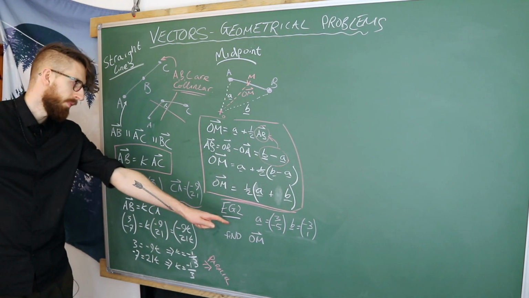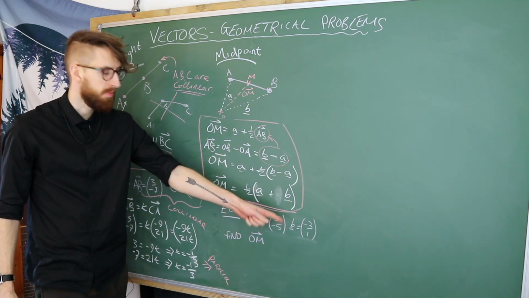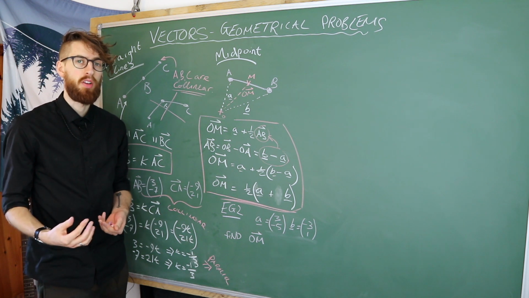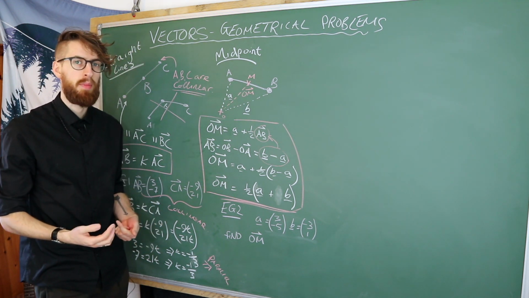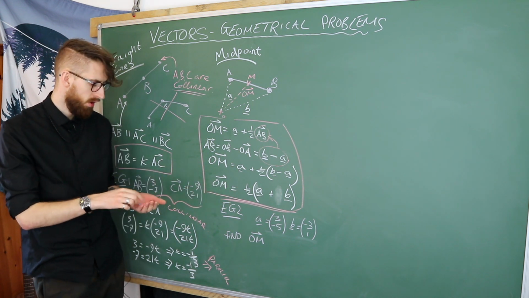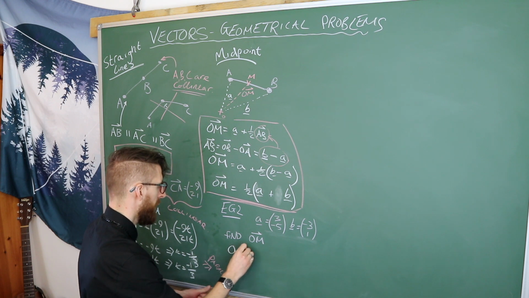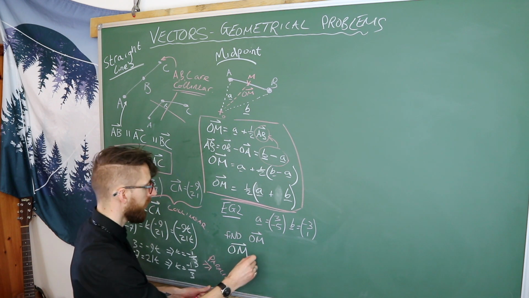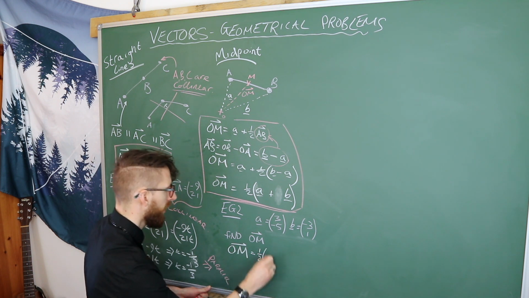Okay, here we go. We've got two vectors, A and B. A is (3, -5), B is (-3, 1). We want to find the midpoint between those two, not just the midpoint, the position vector to that midpoint. So we're just going to follow this rule from before. OM is equal to a half (A plus B).